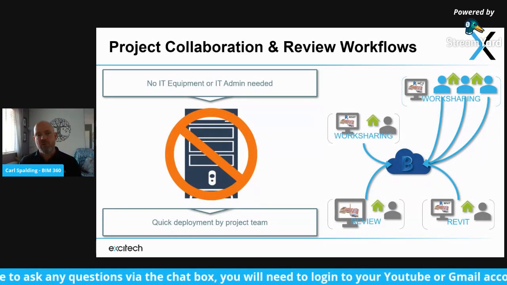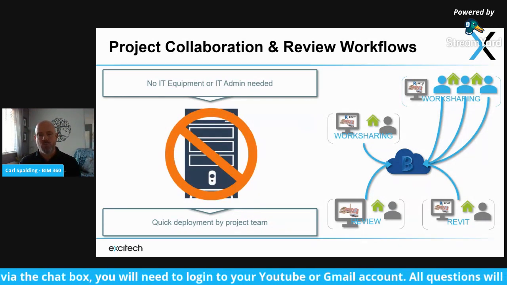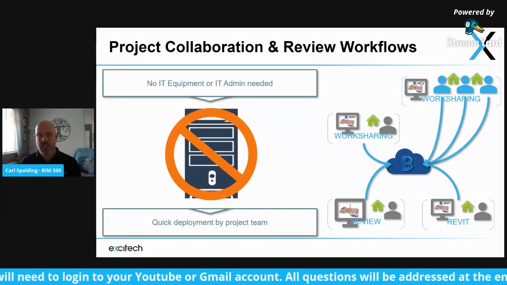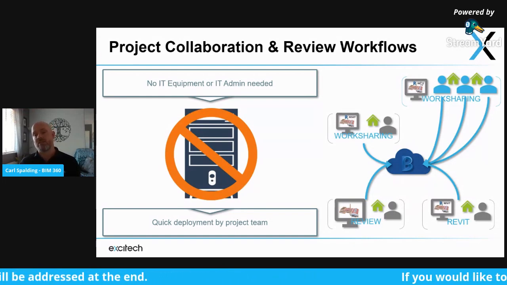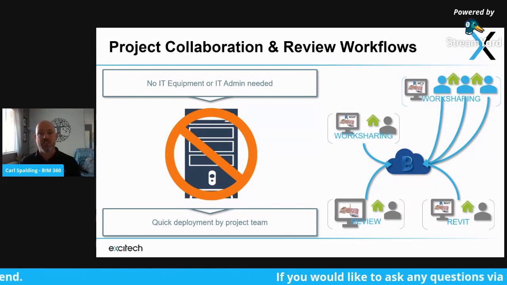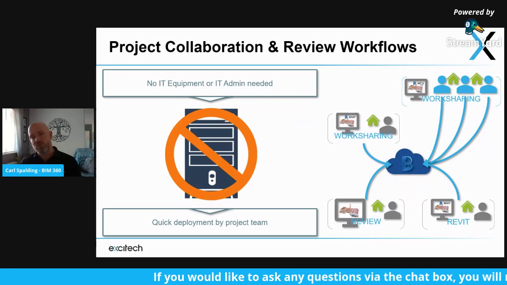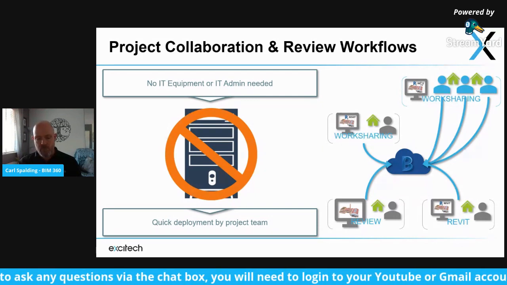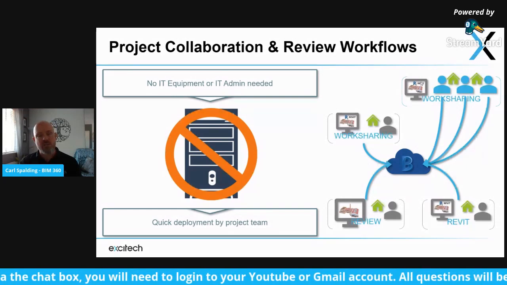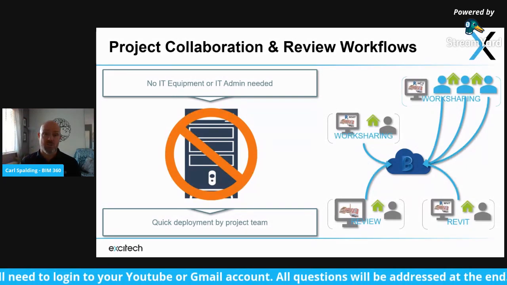So here's a big one for you. There's nothing to install. So there's no setup, there's no virus software or VPN software or anything like that that's required. Which means that once you enable your staff by adding them into BIM 360 as an individual using their email address, you set the permissions.